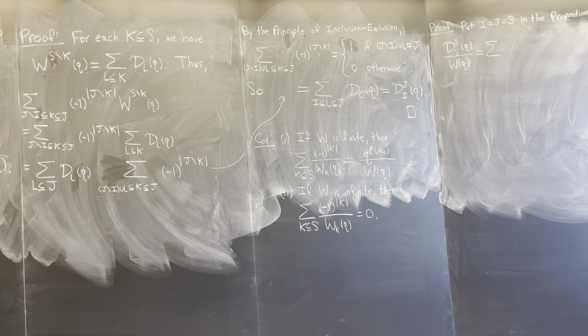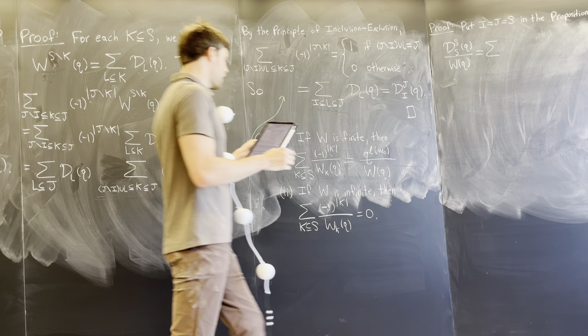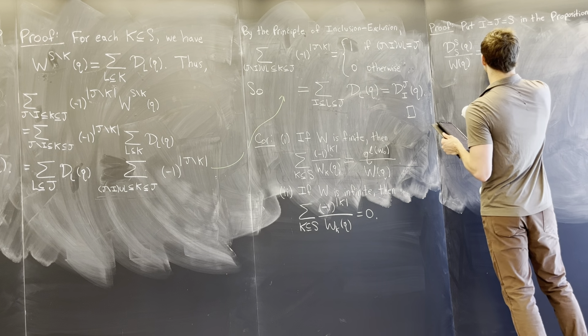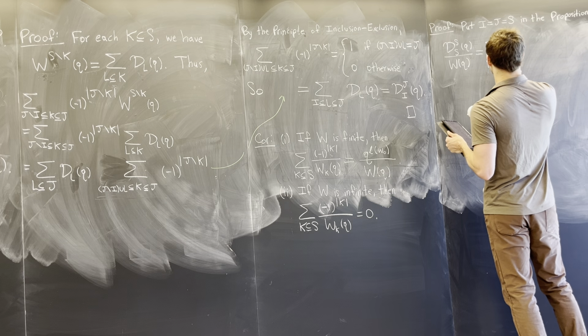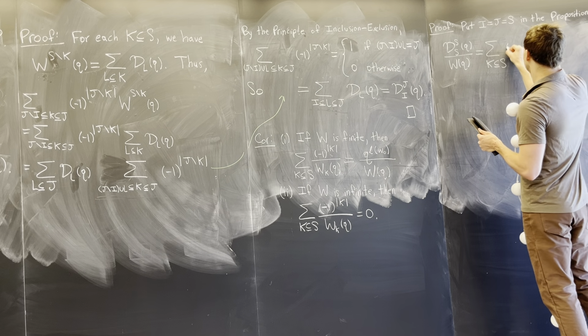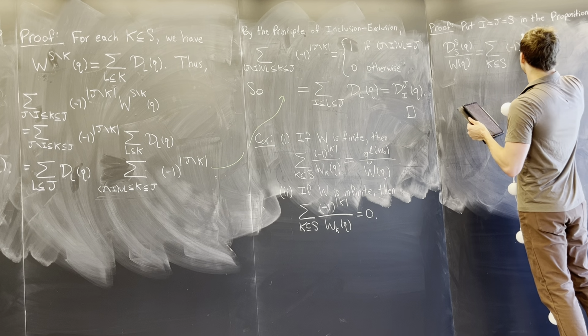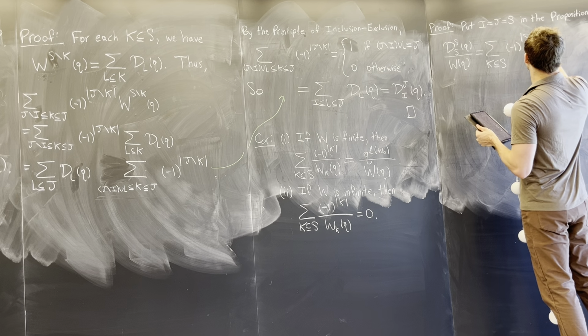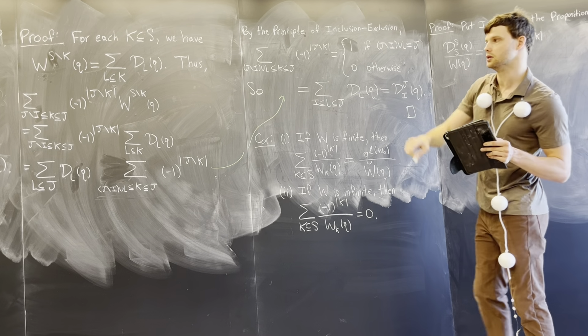So d_SS of q is going to be the sum over all k which are contained in S, and contains S minus S, which is the empty set. So this is just saying I'm summing over k contained in S of -1 to the size of S minus k. So I'm just plugging in there.